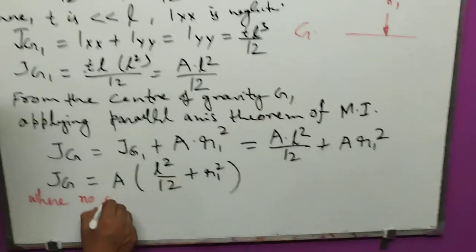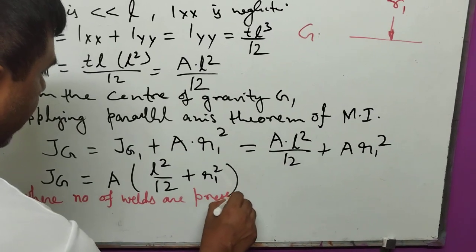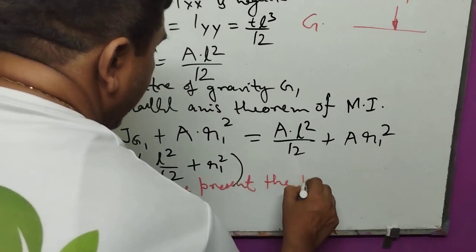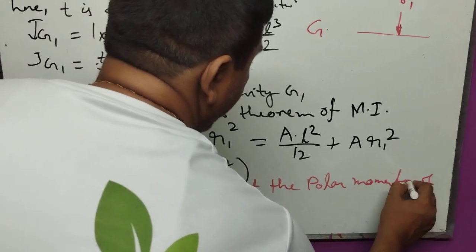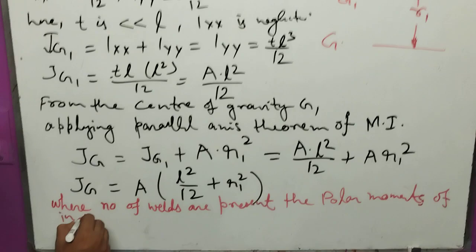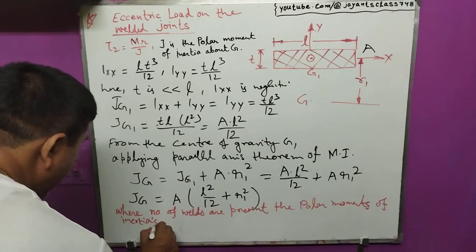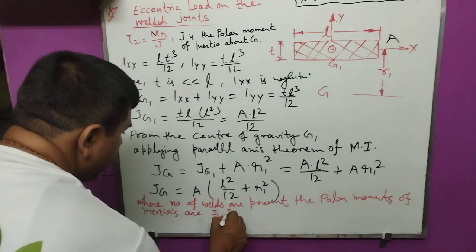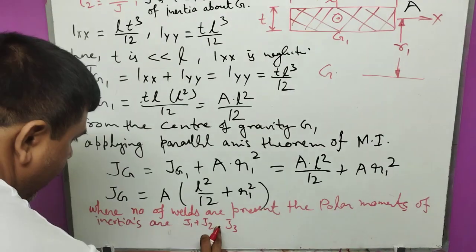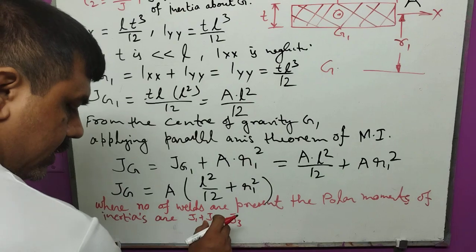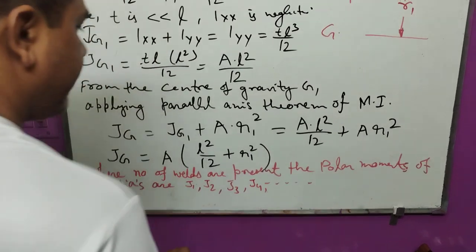Where a number of welds are present, the polar moments of inertia are J1, J2, J3, J4 and so on.